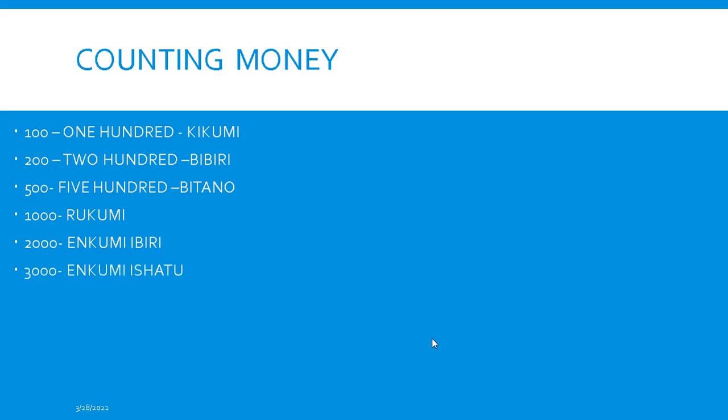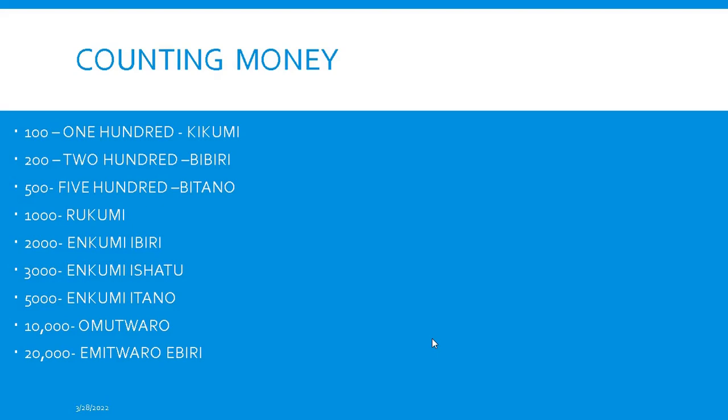We have 3000, enkumi ishatu. We have 5000, enkumi itano. We have 10,000, omutwaro. We have 20,000, emitwaro ebiri.